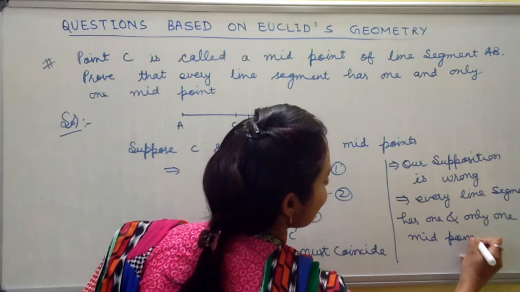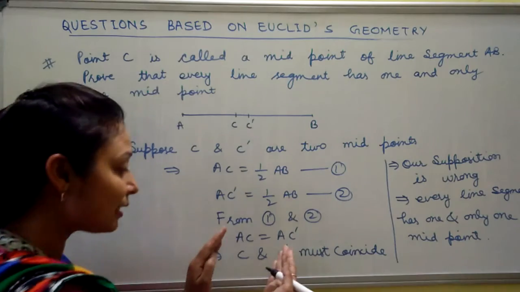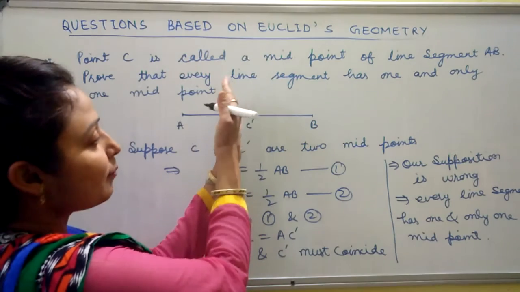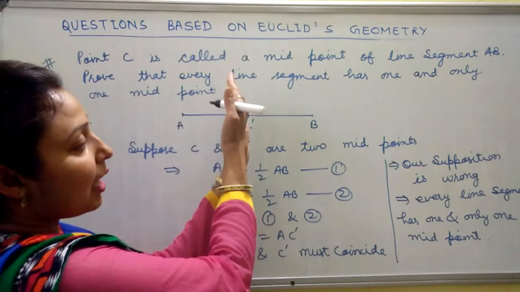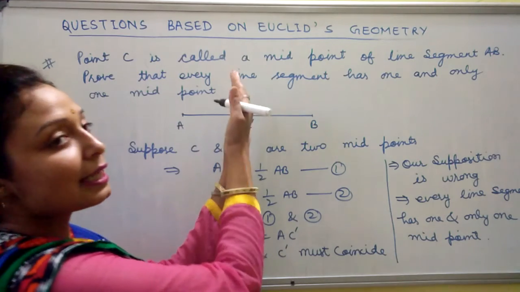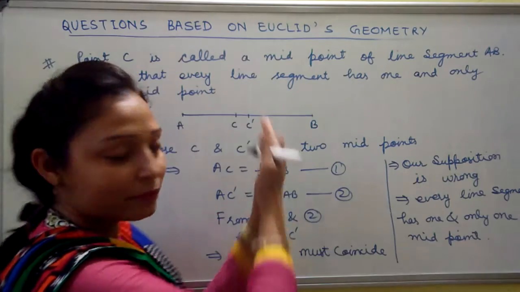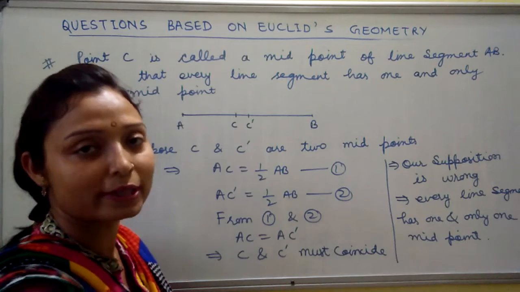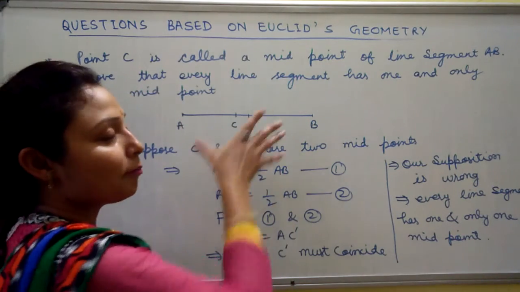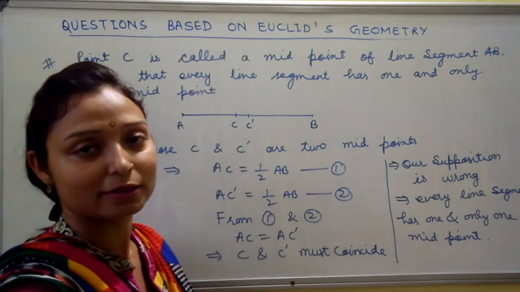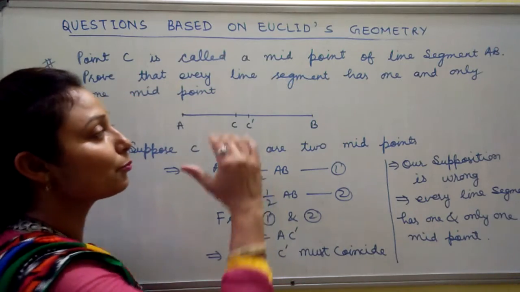Coincide means they both are the same. That means only one midpoint lies on the single line. So this is the way to do the second question.